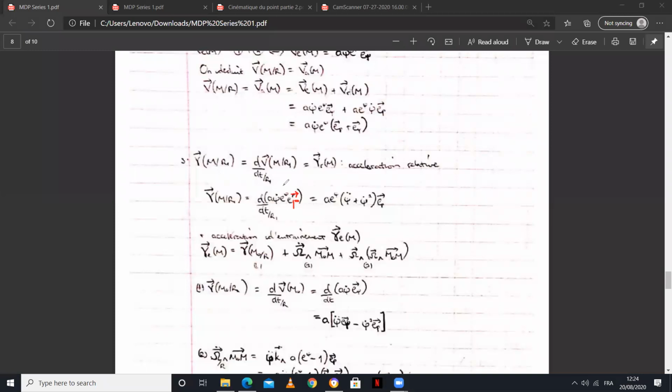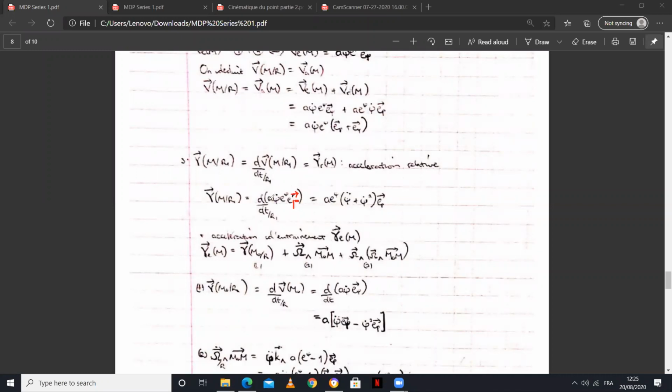What you need to do now is to identify the variables that you have with respect to time, parce qu'on dérive par rapport au temps ici. So we need to identify the terms here that are varying with respect to time and those that are constant, and we get rid of the constants. Donc, on commence.